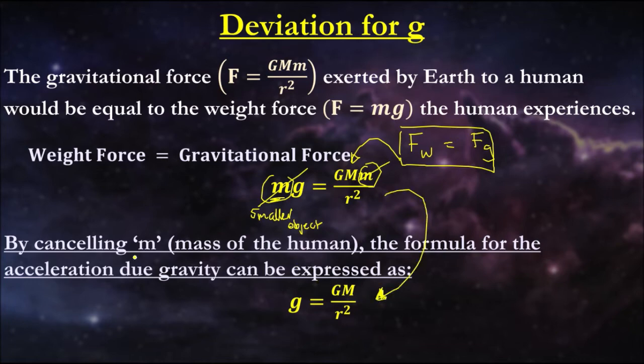formula here. Remember, this formula is to represent the fact that on Earth we have different heights. If we're on Mount Everest, if we're at the bottom of the seabed, and we're trying to look at the perspective of the planet. So that's what we're trying to look at here. Okay, and that gives us g.